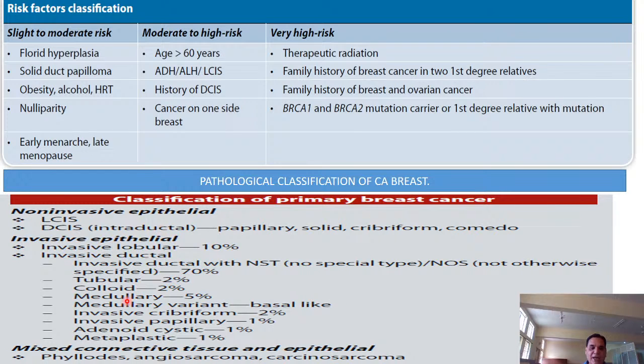Apart from being epithelial, connective tissue can give rise to malignancy. What are they? Mixed connective tissue and epithelial tumors. This is very important because we are dealing with the condition of a phyllodes tumor. This phyllodes tumor is very interesting. It is a very bad condition.